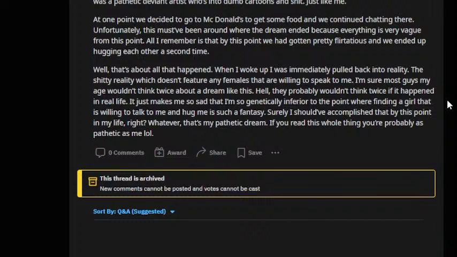When I woke up, I was immediately pulled back into reality. The shitty reality which doesn't feature any females that are willing to speak to me. I'm sure most guys my age wouldn't think twice about a dream like this. Hell, they probably wouldn't think twice if it happened in real life. It just makes me so sad that I'm so genetically inferior.